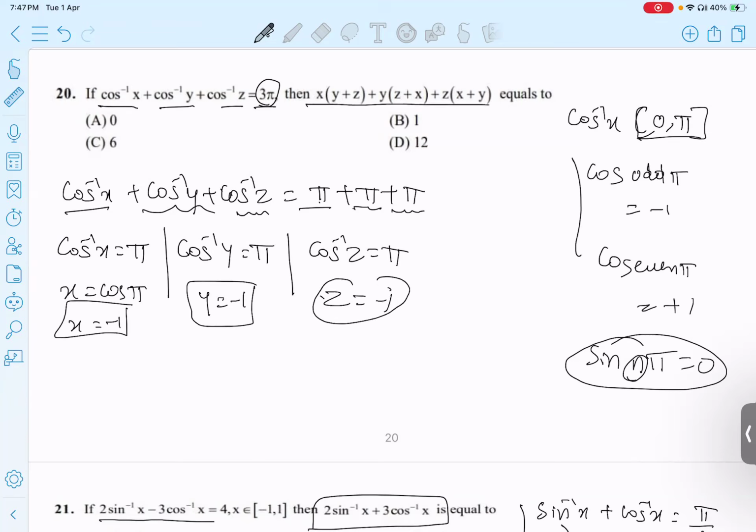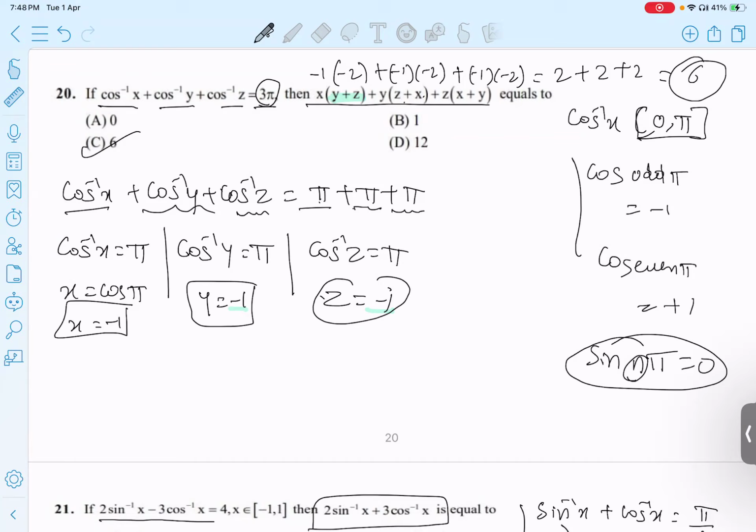On substituting in this equation, we'll get minus 1 into y plus z. So y plus z, that is minus 1 minus 1, which is minus 2. Similarly, minus 1. So we'll get an equation like this, which in turn gives you 2 plus 2 plus 2, which is equal to 6. So 6 is the required answer.